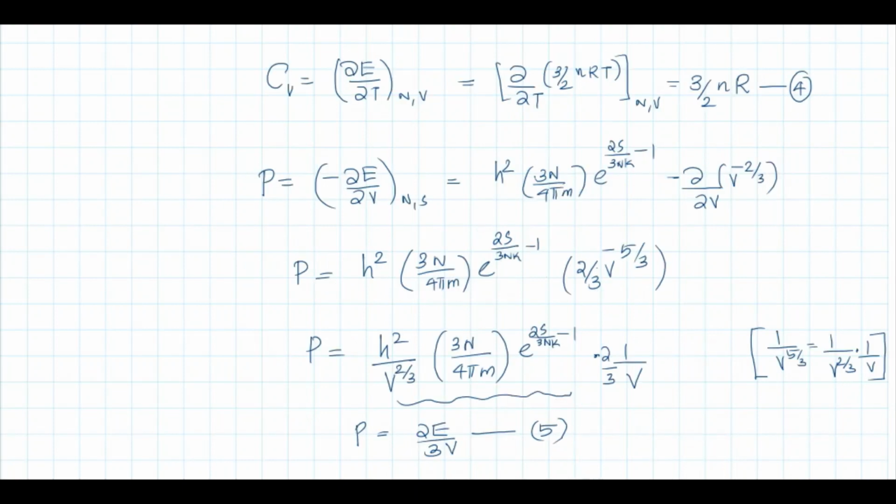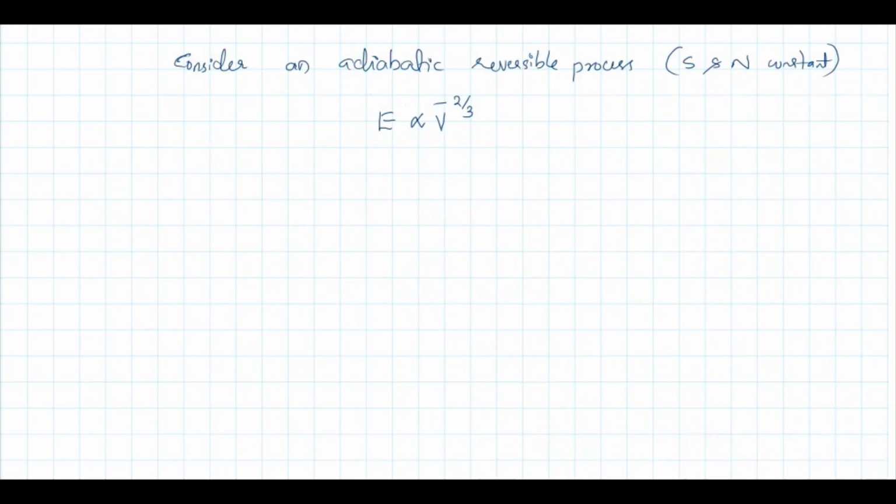So E is proportional to V raised to minus 2 by 3, from equation 1. Now we can write T is proportional to V raised to minus 2 by 3, because E is equal to 3 by 2 nRT, so energy and temperature are directly proportional. E varies with volume as V raised to minus 2 by 3, which implies T also varies as V raised to minus 2 by 3.